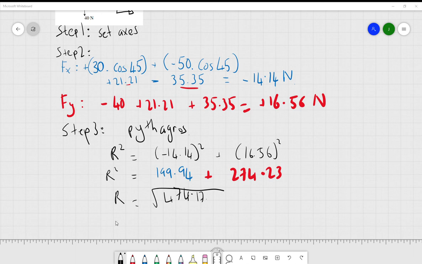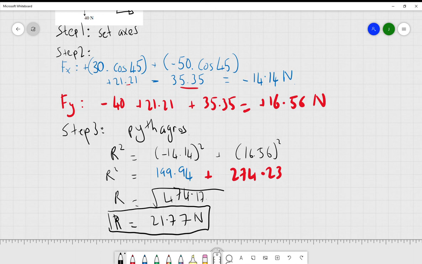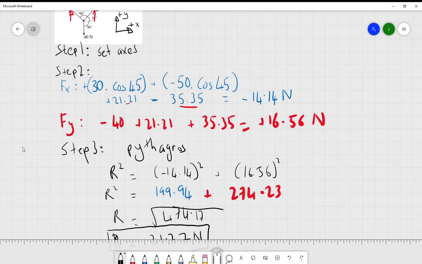And that leaves us with an R equals 21.77 newtons. So that is the magnitude of the resultant of these three forces when they're added together.